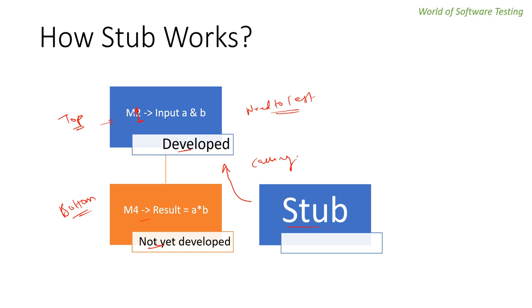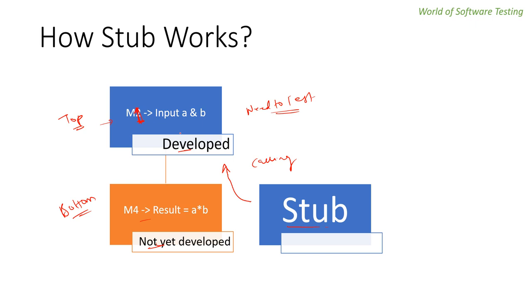Here we have two modules, M1 and M4, and we want to test the module M1. M4 is not yet developed, so we use this stub as a dummy code or a fake code in place of the M4 module, which is used to test the top module M1.